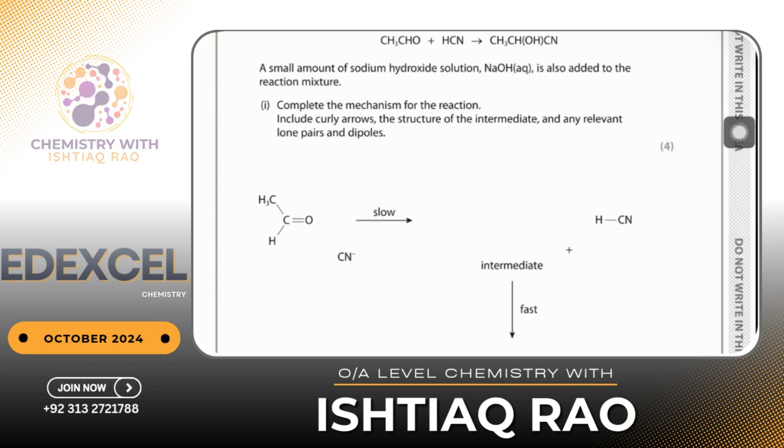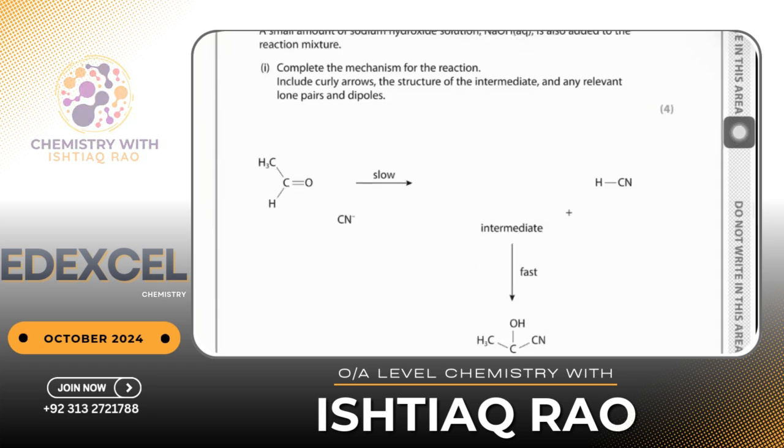Let's say, first of all, this cyanide is going to have a lone pair of electrons. It would be having partial positive and partial negative. It would attack this partial positive carbon, and of course, this is going to be removed just like that.